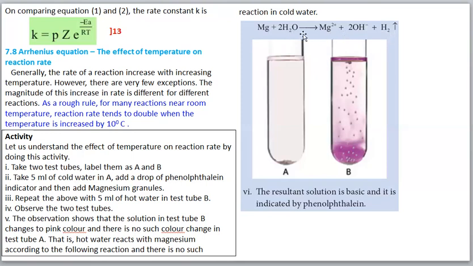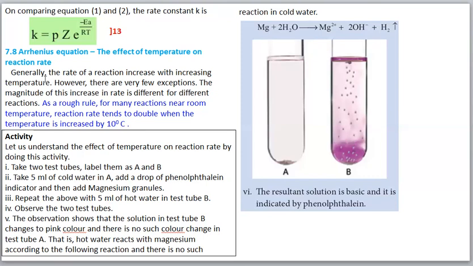The remaining 2 OH are there. Each OH takes 1 electron which is released by the magnesium to form 2 OH minus. Since the solution has this OH minus hydroxyl ion, the color of the solution changes to pink due to the presence of phenolphthalein indicator.